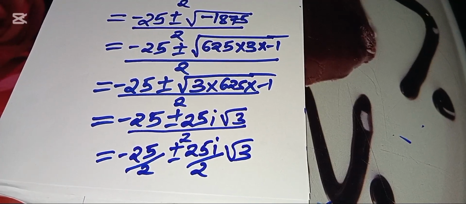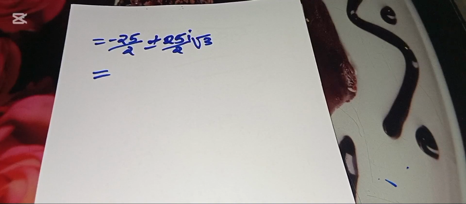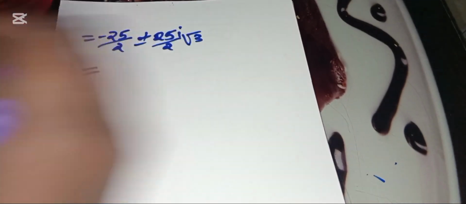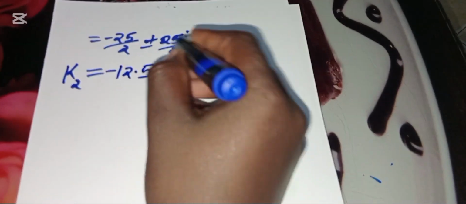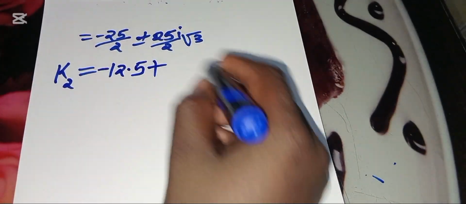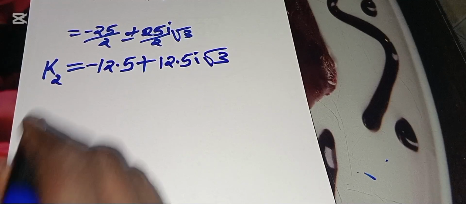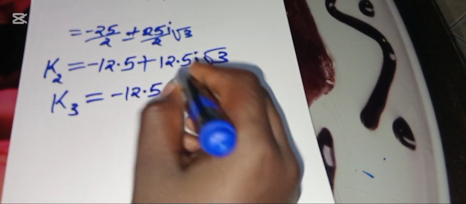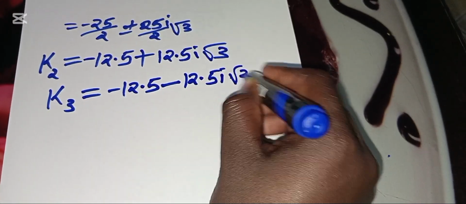Okay, now from here, we have two possible values of k, that is k2 can be expressed as negative 25 divided by 2, which is negative 12.5, plus 12.5i square root of 3, that is k2, and k3 is equal to negative 12.5 minus 12.5i square root of 3.